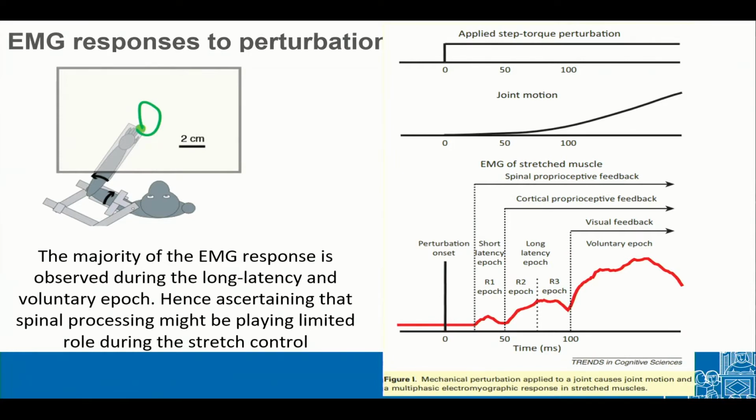So what they found out is that the response is observed during the long latency and voluntary epoch. As you can see here, the main part of the response is here, when also the visual feedback is active. This means that it's the brain that is controlling the arm in this case, and it's not a property of the muscle that allows to keep the position in space.